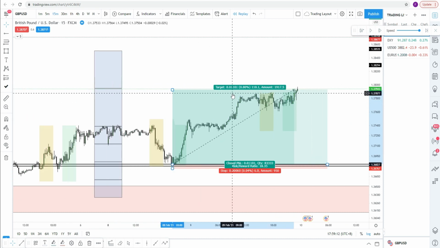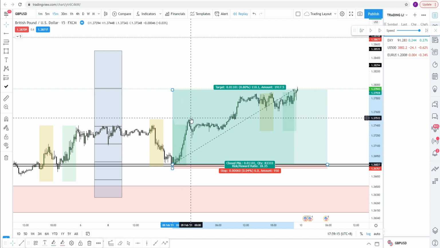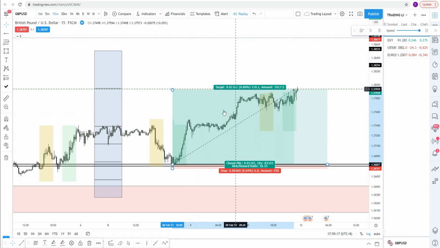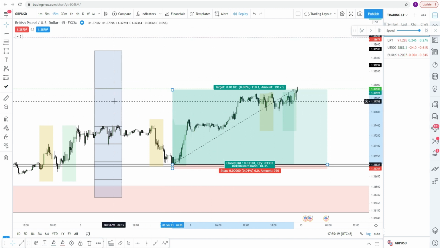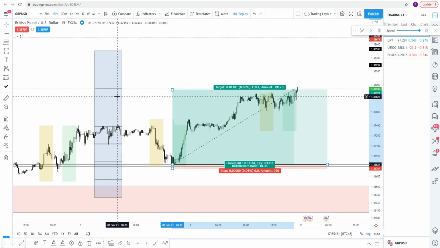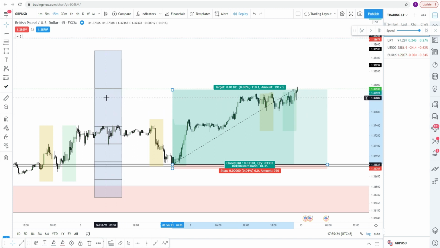Boom, there you go. And now you see, if you brought your cursor somewhere here, price came exactly over here until the next day's Asian session rather.